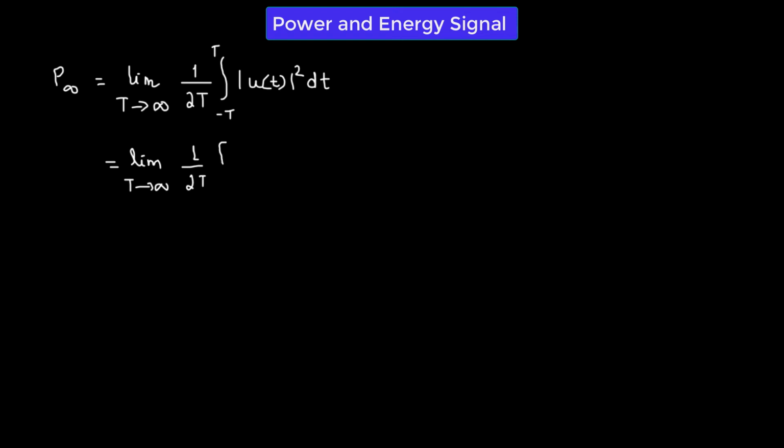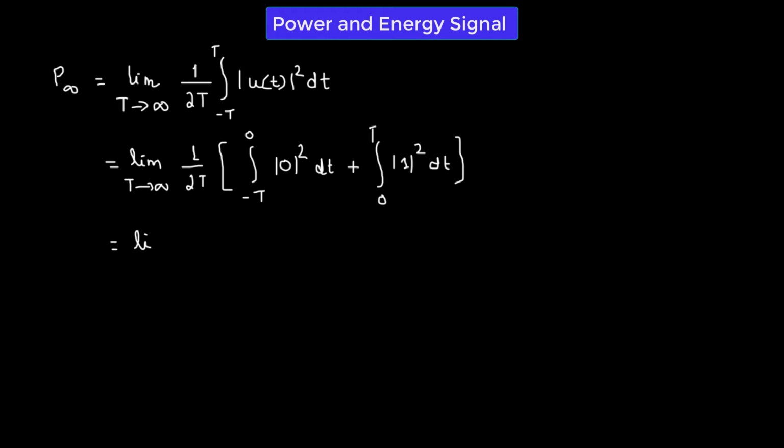2T. Like in the previous case, we decompose the integral into two parts. From negative T to 0, we have the absolute value of 0 squared, that is the value of the unit step function, times dt, plus the second integral, which goes from 0 to T. In this interval the unit step function has the value of 1, so we have 1 squared times dt.